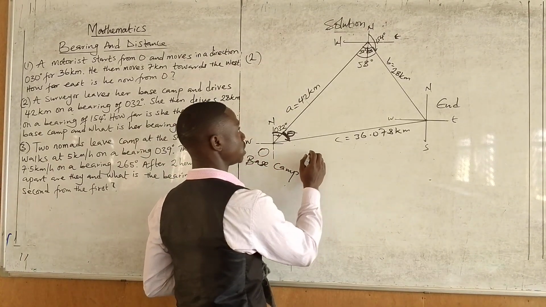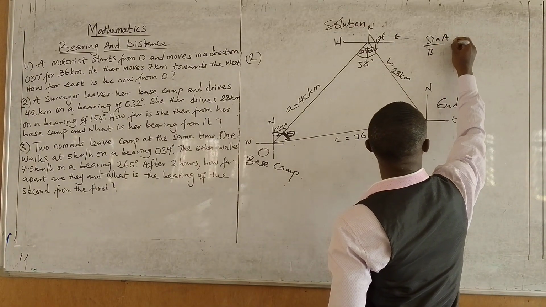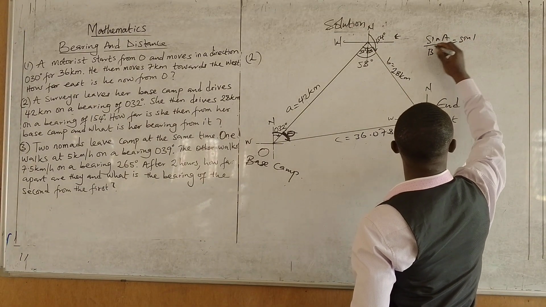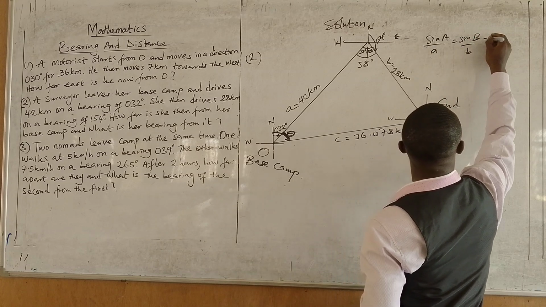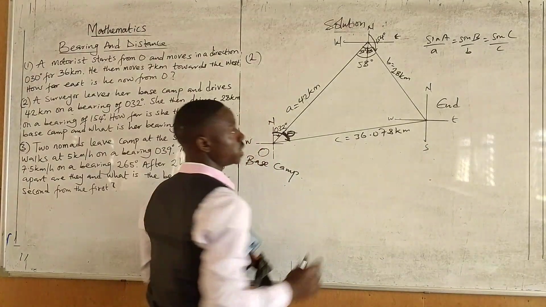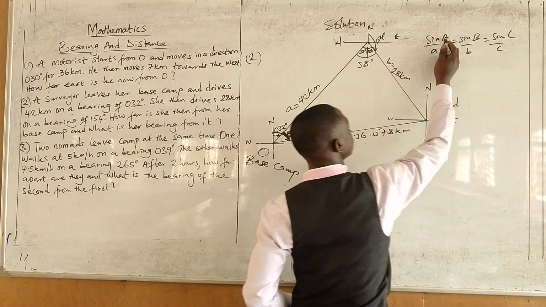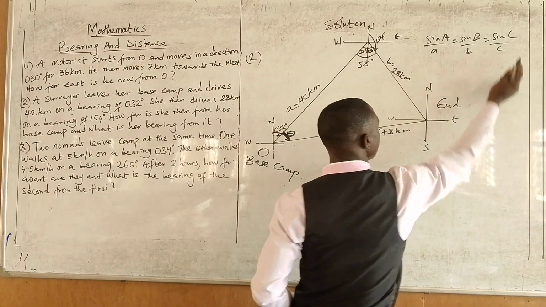Sine rule says sine A over A equals sine B over B equals sine C over C. Where the capital letter stands for angle A, angle B, angle C, and the small letter stands for side A, side B, and side C.